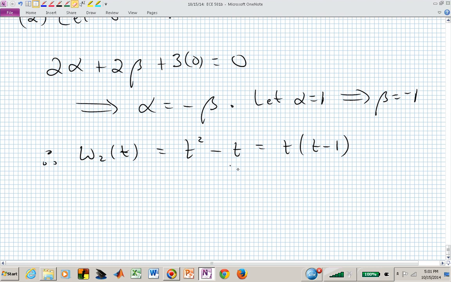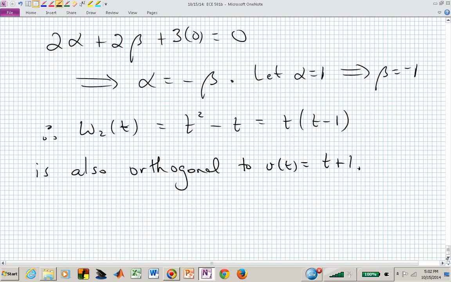That polynomial now is also orthogonal to t plus 1. And we could check that if we wanted to.